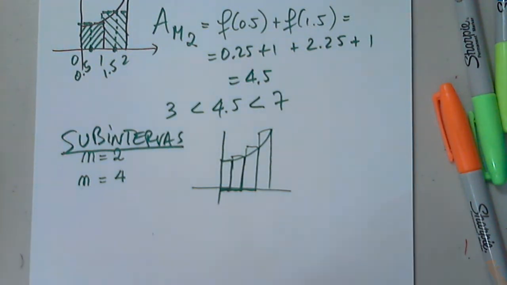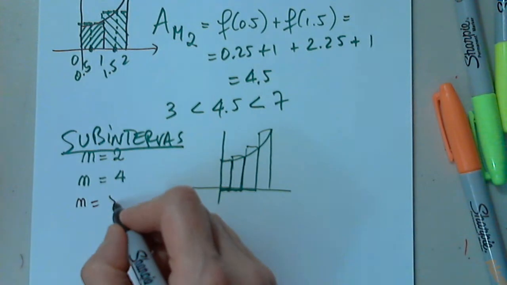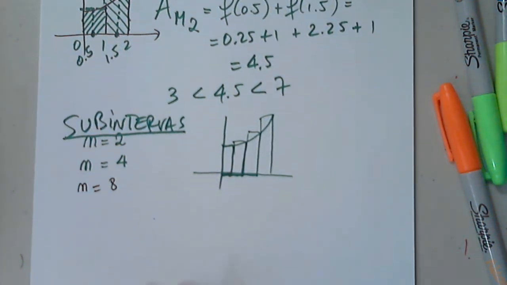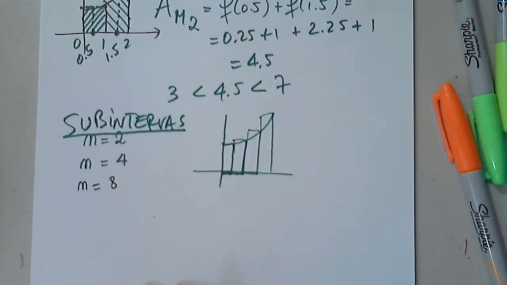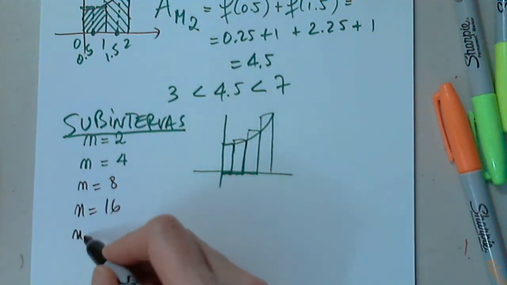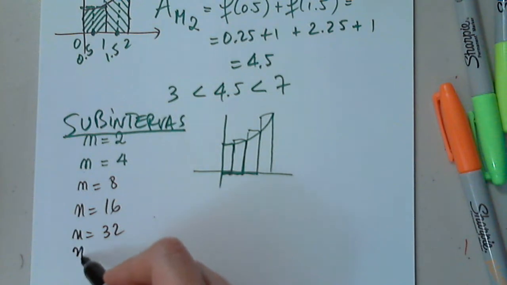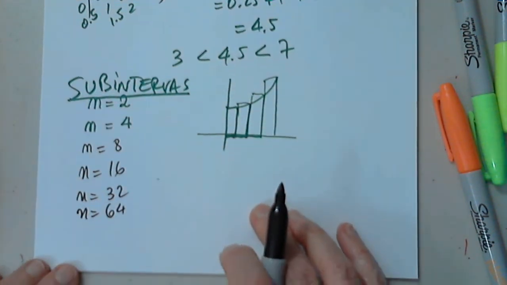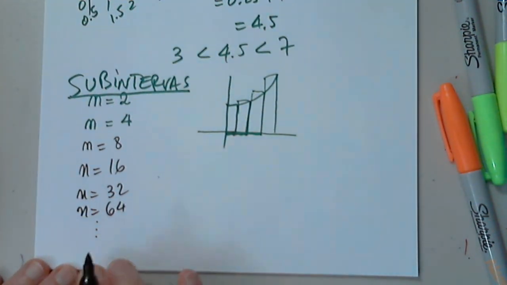Yes. Perfect. What about if I move to 8? Will I get a better estimate? Yes. What about 16? What about 32? What about 64 subintervals? Where am I going? Better and better. Diminishing returns. Say that again. I said with diminishing returns.